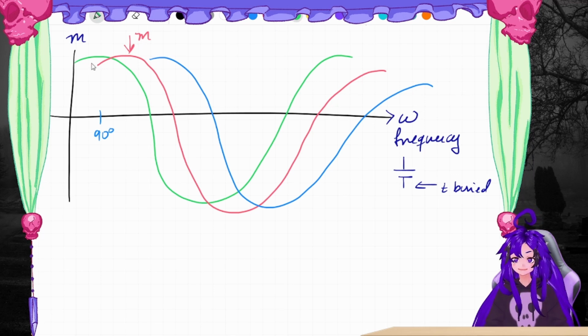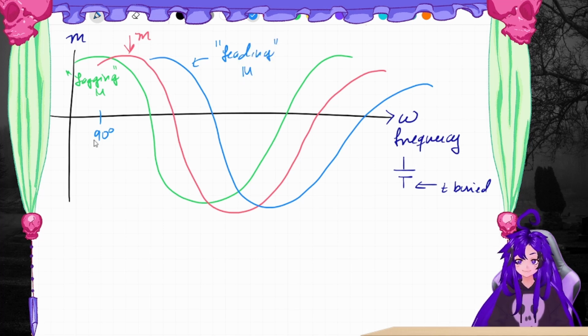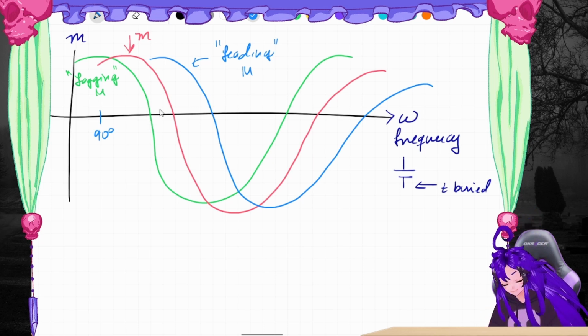This green one is lagging M, and the blue one is leading M. This may or may not come up in life, but it is something important to understand.